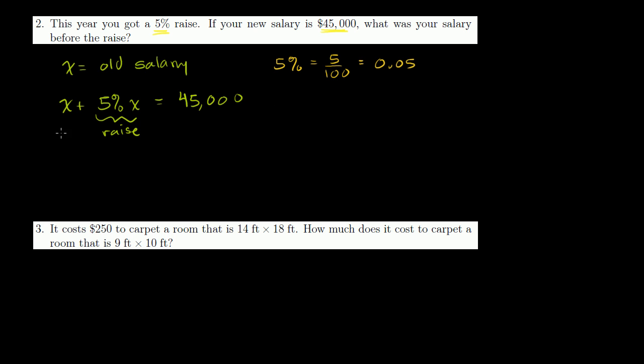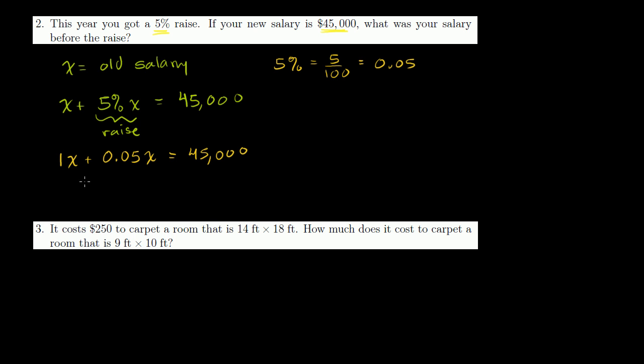So here we could say this is the same thing as 1x plus 0.05x is equal to 45,000. 1 of something plus 0.05 of that same something, you can add the coefficients.